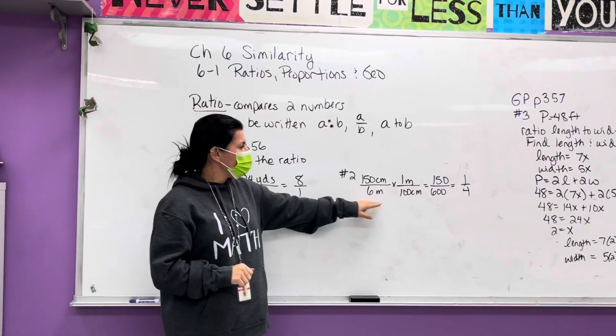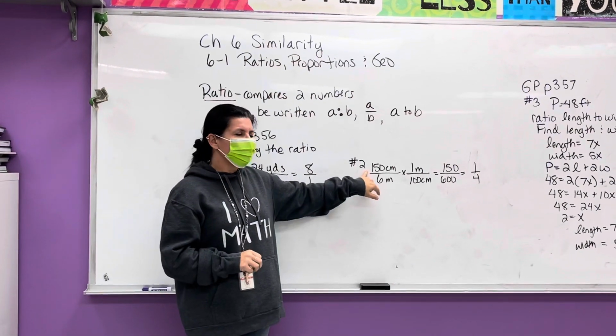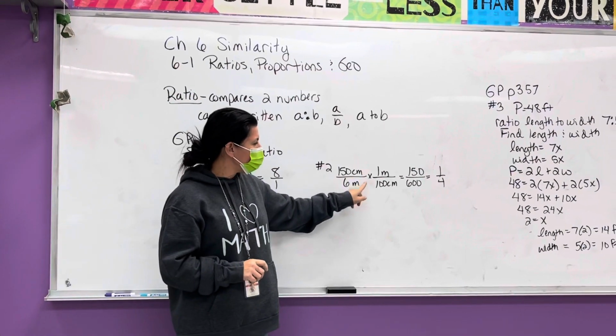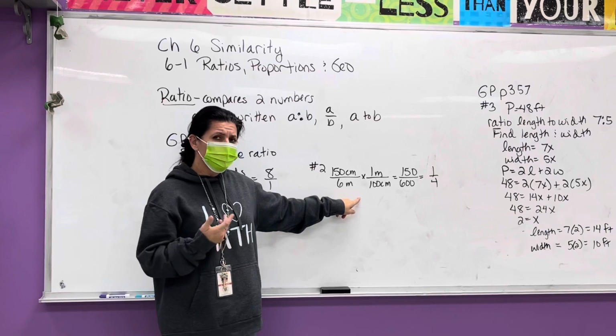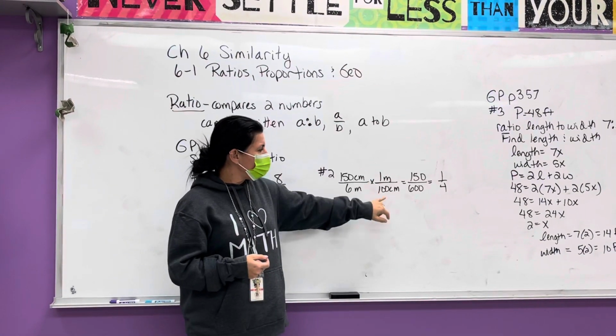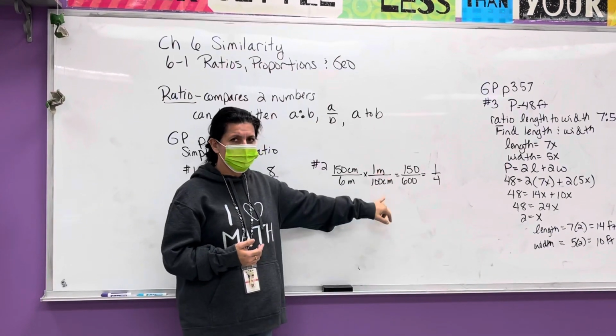The other example, again, this is from Guided Practice on page 356. The given ratio is 150 centimeters to 8 meters. So notice we have two different terms. If you're not sure what the conversion rate is, you can always Google it. In this case, 1 meter and 100 centimeters mean the same thing. So this is my conversion rate.